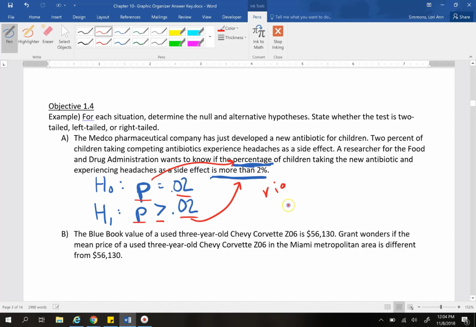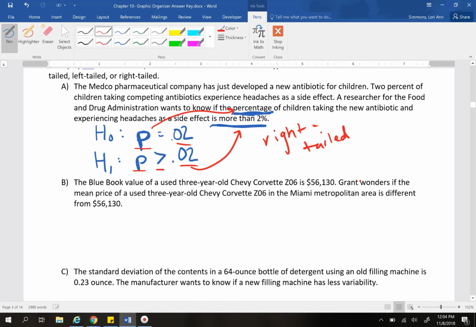If you look back at our notes we just did, the Blue Book value of a used 3-year-old Chevy Corvette Z06 is $56,130. Grant wonders if the mean price of the used 3-year-old Chevy in the Miami metropolitan area is different from $56,130. So keywords here are mean and different from $56,130.